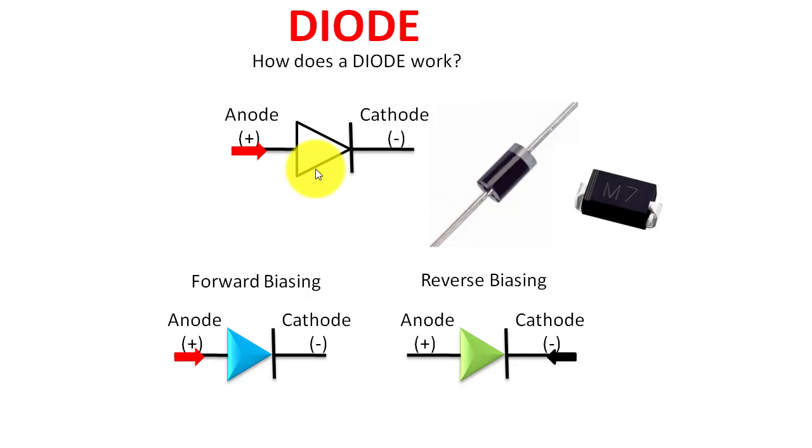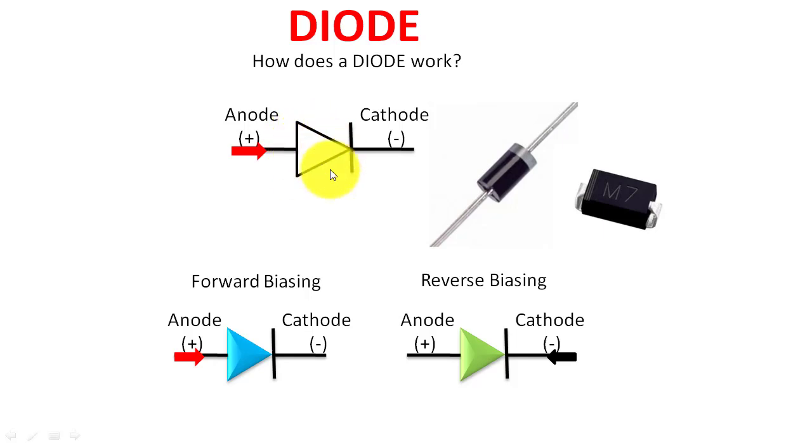Now I'll show how a diode works. You can see a diode has two parts, two points. In any type of diode there are two sides. First is the anode, which is positive, and the cathode, which is negative.